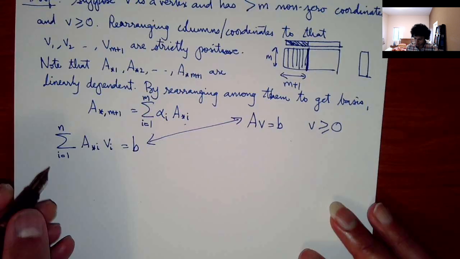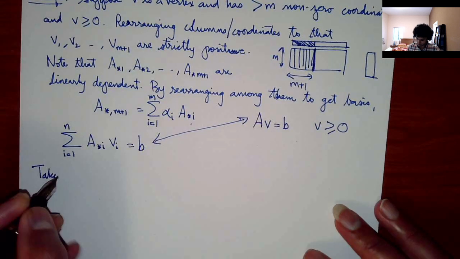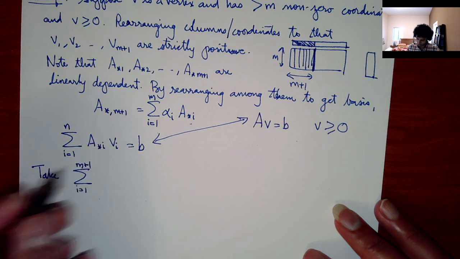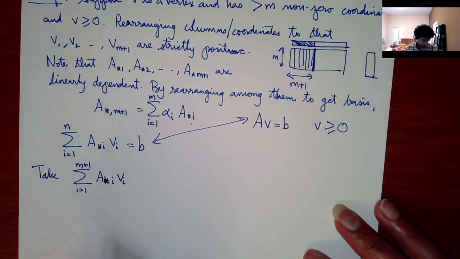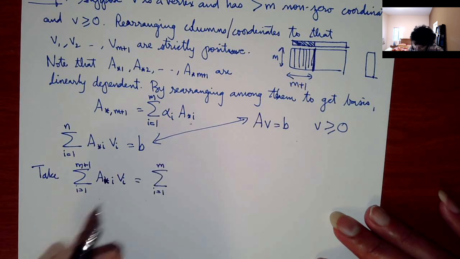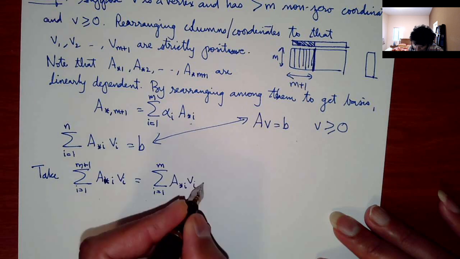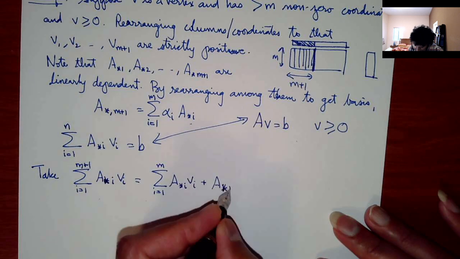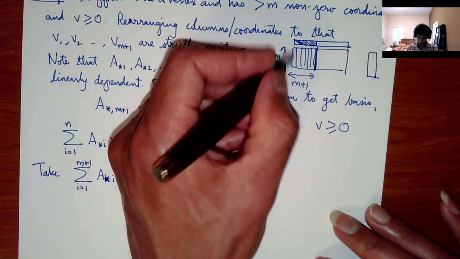Okay, now just take the summation going to m plus 1, just the first m plus 1 parts here. I'm just going to rewrite this as the summation of i going from 1 to m of A star i Vi plus A star m plus 1 V m plus 1. Just looking at the first m columns and then the last one.